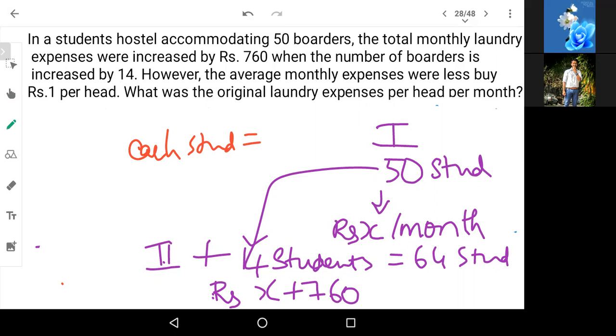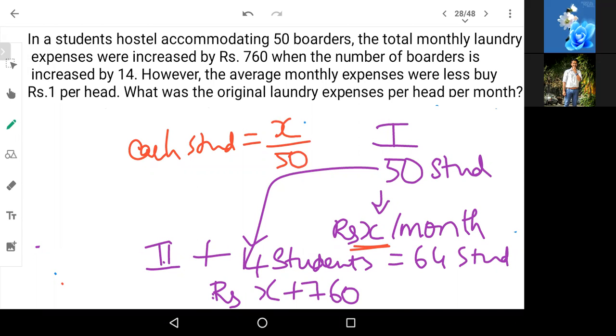So here if you consider, there were 50 students, right? And the amount that they were paying together was X amount. If they were paying X amount together, how much is it for each of them? I consider it divided by the number of students. We'll take another example for you to understand.